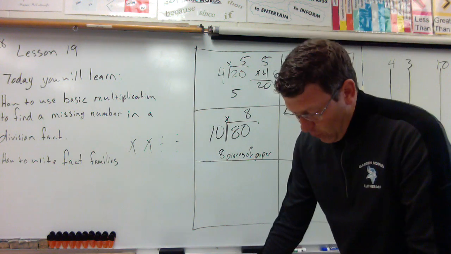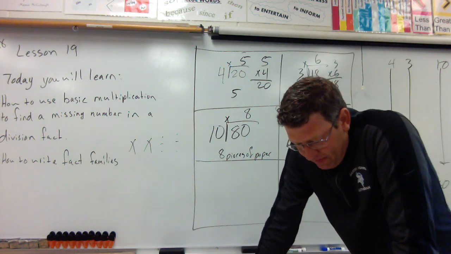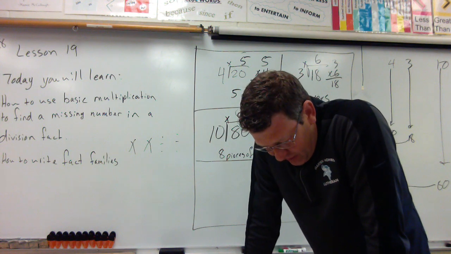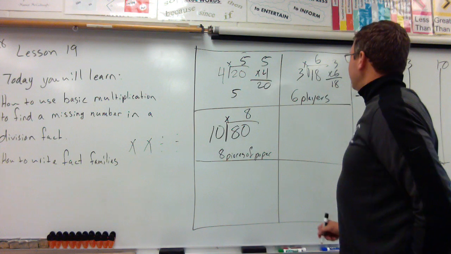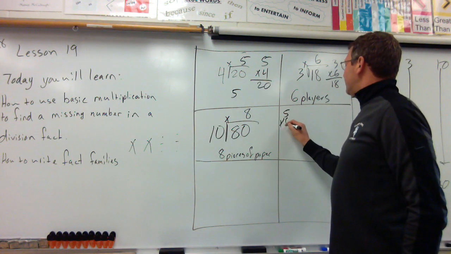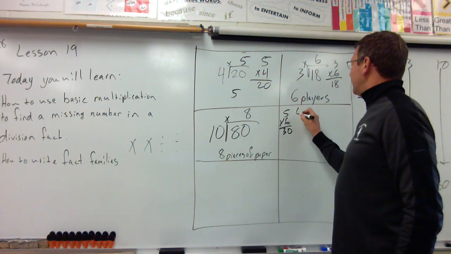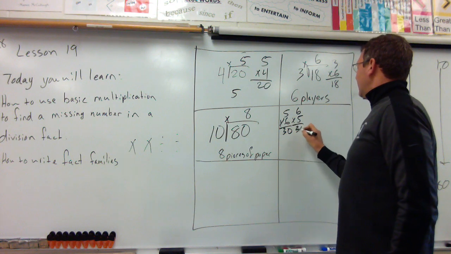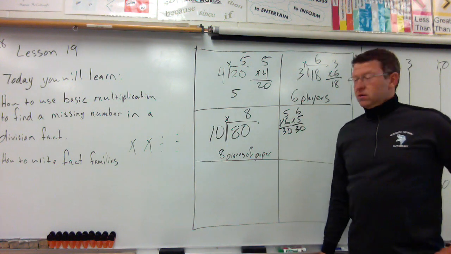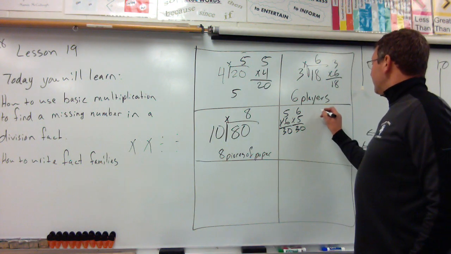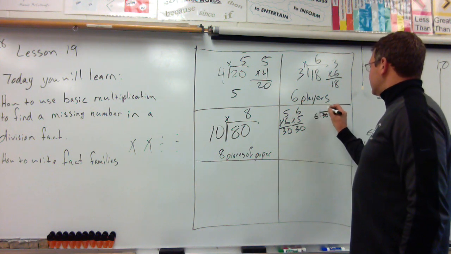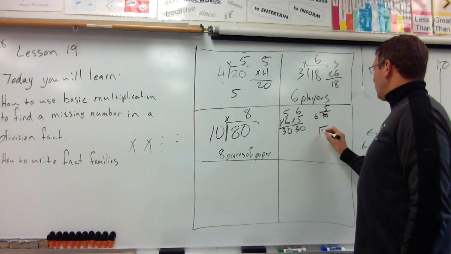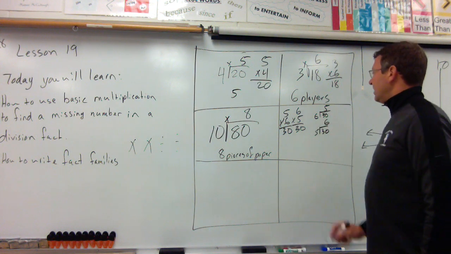Example number 4. It says write 2 multiplication facts and 2 division facts for the fact family. 6, 5, and 30. 5 times 6 equals 30, and 6 times 5 equals 30. Flip it over, you get your division. I like to write them like this. 30 divided by 6 equals 5, or 30 divided by 5 equals 6.